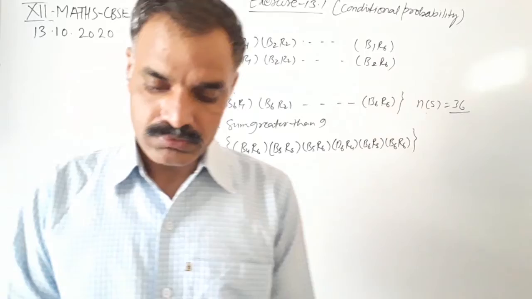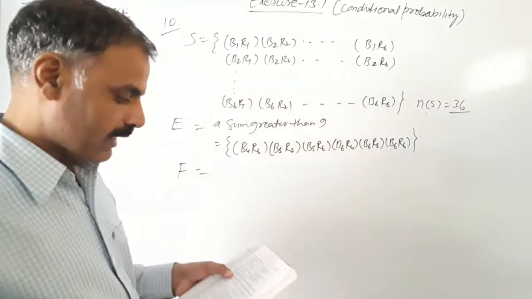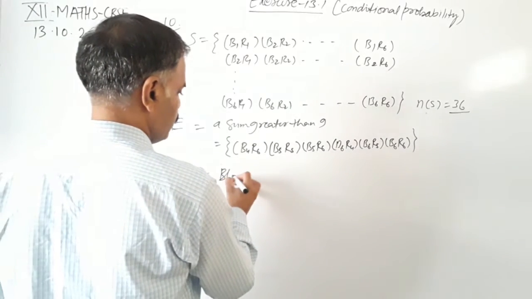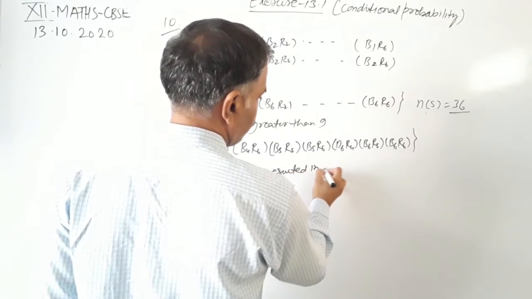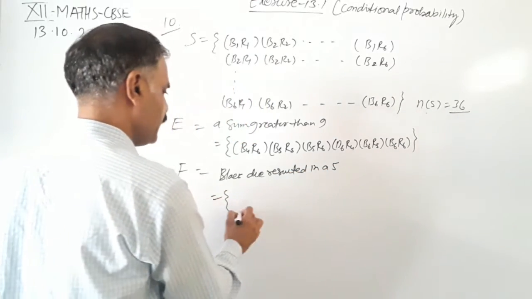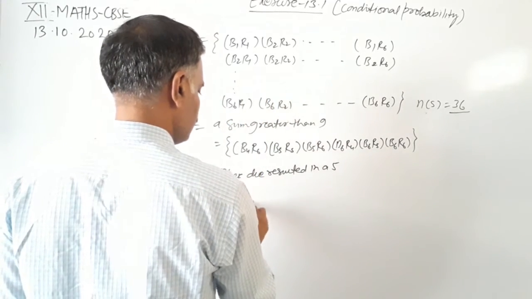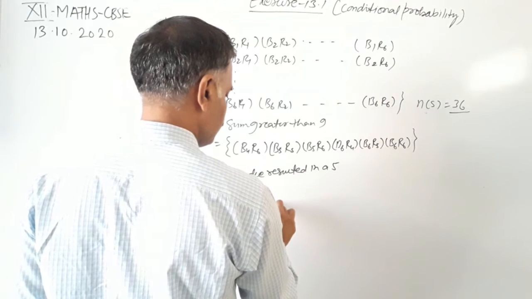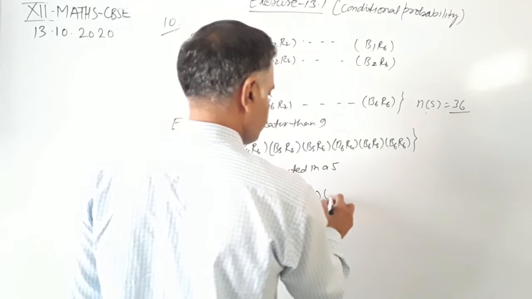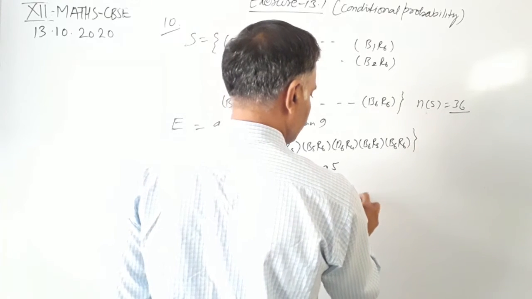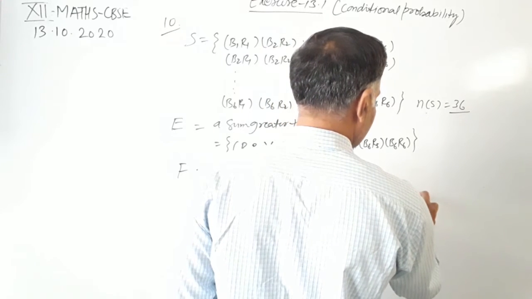Now event F is that the black die resulted in a 5. Black die resulted in a 5 means there is a 5 on the black dice. So B5 R1, B5 R2, B5 R3, B5 R4, B5 R5 and B5 R6.